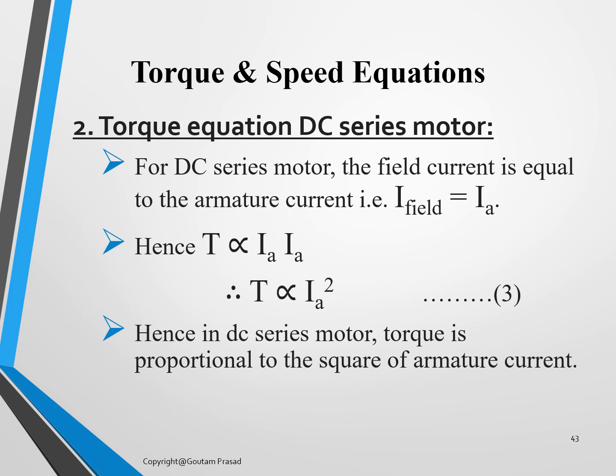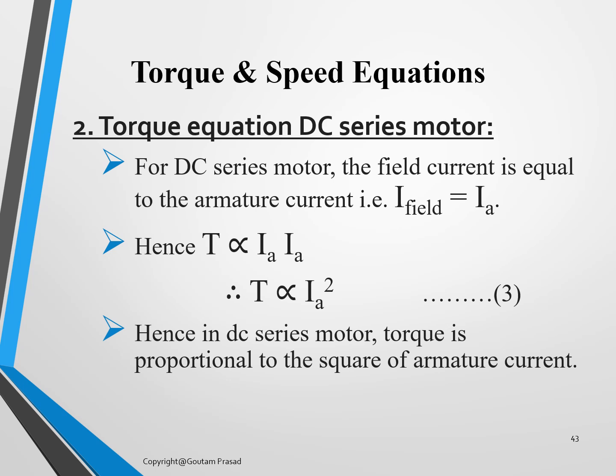And the torque equation of the DC series motor, if you look at it, then T is directly proportional to phi Ia, but phi is again directly proportional to Ia because in the case of the series motor, the field is connected in series with the armature. That is why phi is directly proportional to Ia. So T becomes directly proportional to Ia multiplied by Ia once again. So T ultimately becomes directly proportional to Ia square.